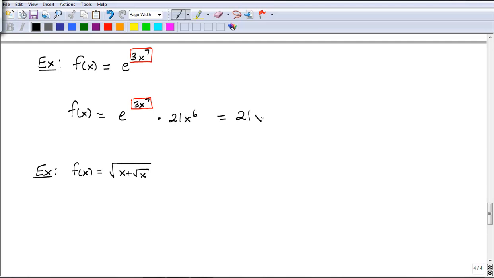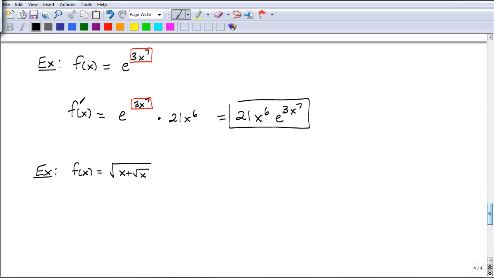So this is 21x to the 6th, e 3x to the 7th. When taking the derivative of an e, you get back what you started with times the derivative of the power. So I get e 3x to the 7th back times the derivative of 3x to the 7th, which is 21x to the 6th. So with e, you get your function back times the derivative of the power.